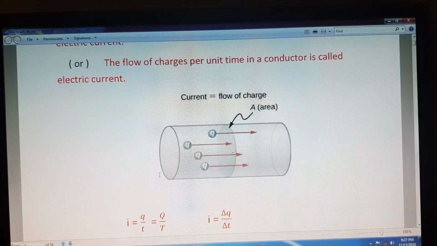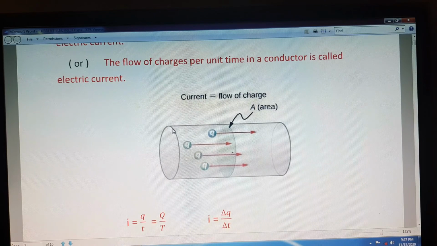So now let us see the figure. The current is nothing but flow of charges. We can observe the charges in the conductor. Charge is represented by small q or capital Q. The charges q will be transmitted from one end to another end of the conductor.